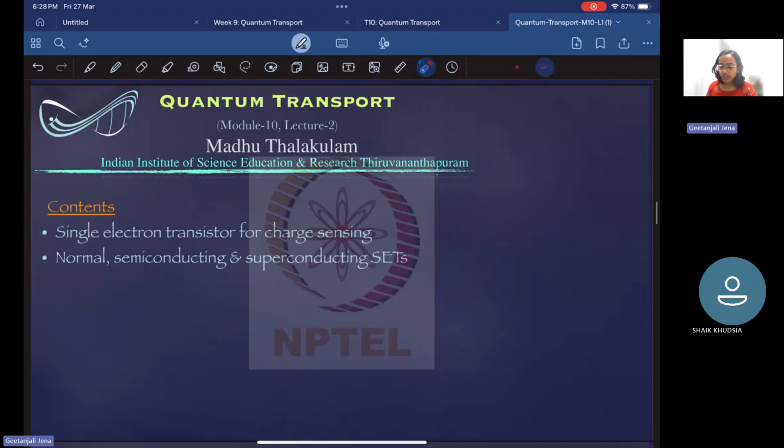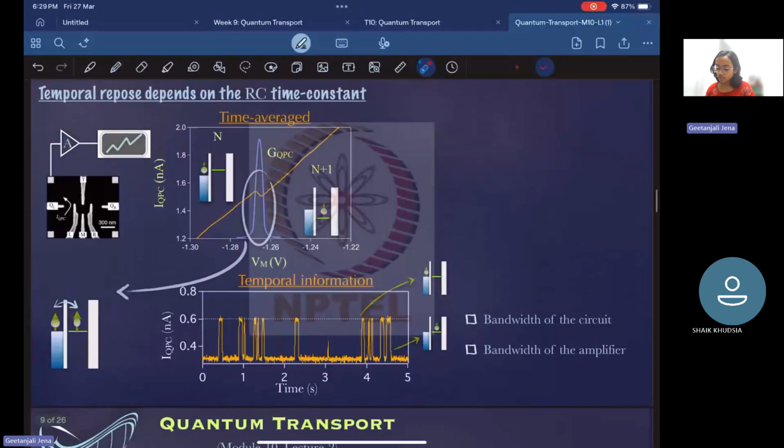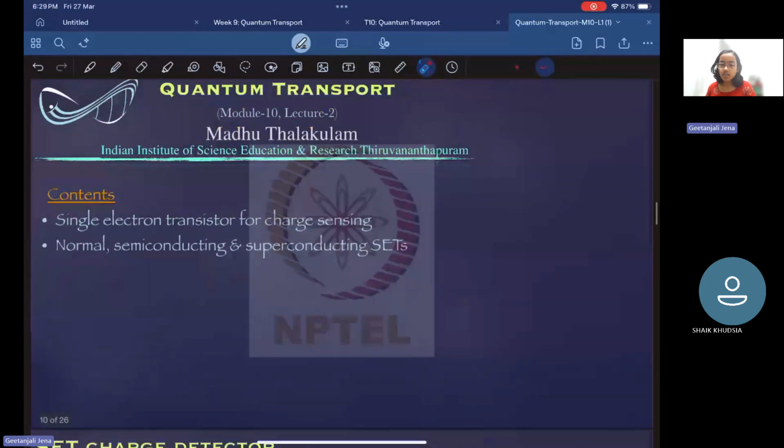Okay. In the previous content, we have seen how we can use a quantum point contact to measure the charging and discharging event. Now we'll see the working principle of another type of charge sensor, which is the single electron transistor based charge sensor.